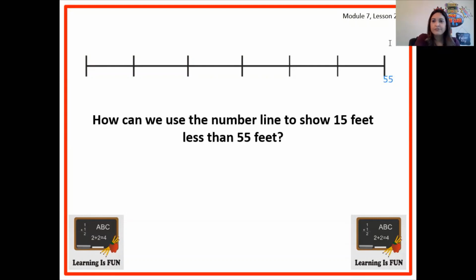So 55, remember your imaginary 0 is gonna go there, okay? We're still counting by 5 and we need to show 15 less. So 0, that means we're gonna count by what? 5s, so 5, this hash mark is 10, and this hash mark is 15.